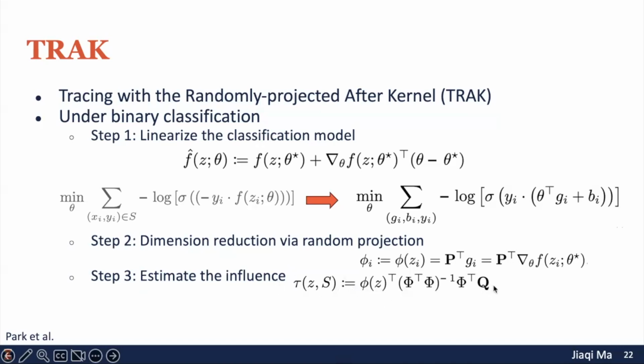This is a vector of n dimensions, where n is the total number of training data points. You may recognize that the format is pretty similar to some variants of influence functions we talked about in our last meeting. This is very similar to the empirical feature matrix in some influence functions.